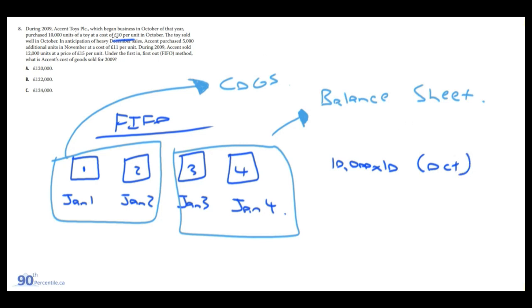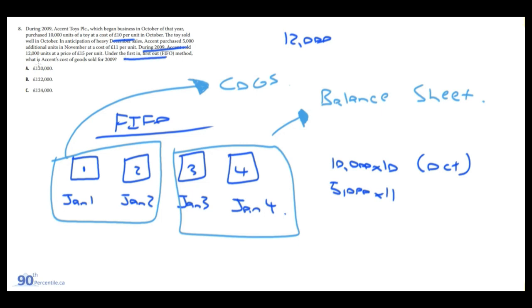In anticipation of heavy December sales, the company purchased 5,000 additional units in November. So we have another 5,000 in November at 11 each. And during 2009, they sold 12,000 units at a price of 15.